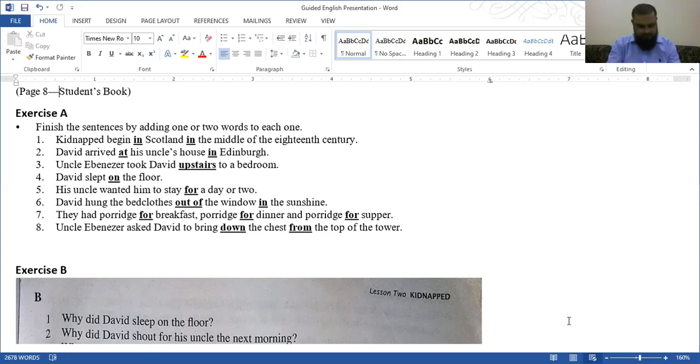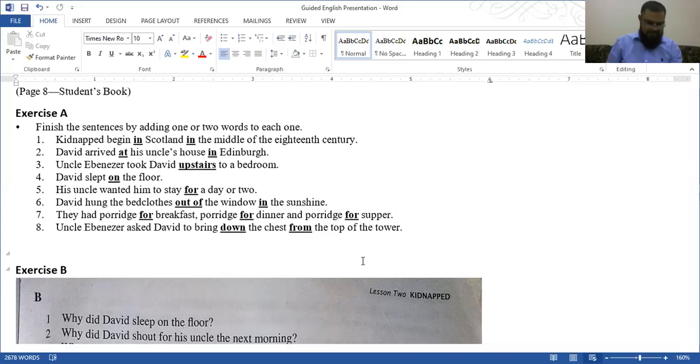Number 7, they had porridge for breakfast, porridge for dinner, and porridge for supper. Number 8, Uncle Ebenezer asked David to bring down the chest from the top of the tower.